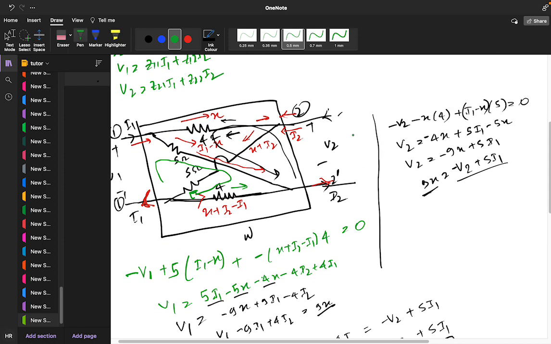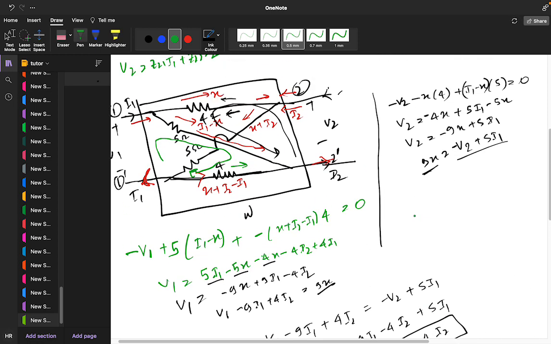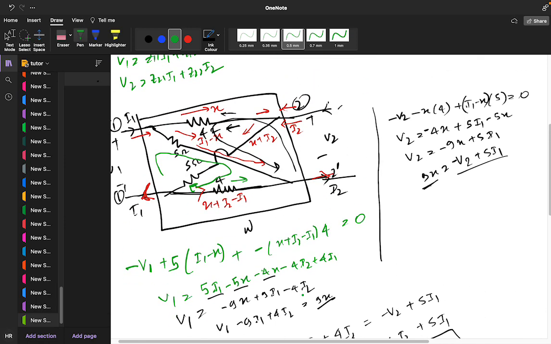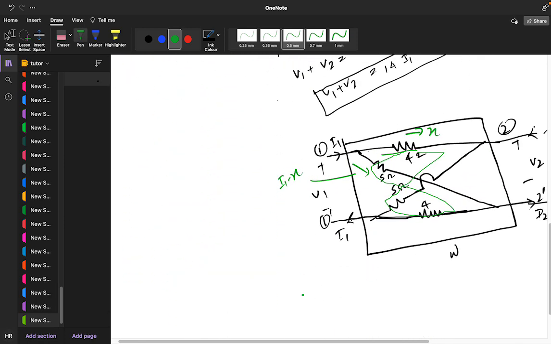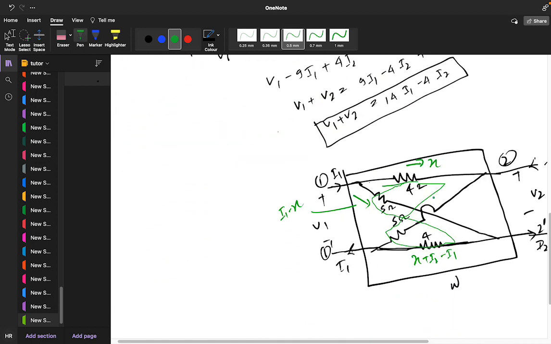We have X current here, and we have I1 minus X current here, and we have X plus I2 minus 1 current here, and in this branch we have X plus I2 current.